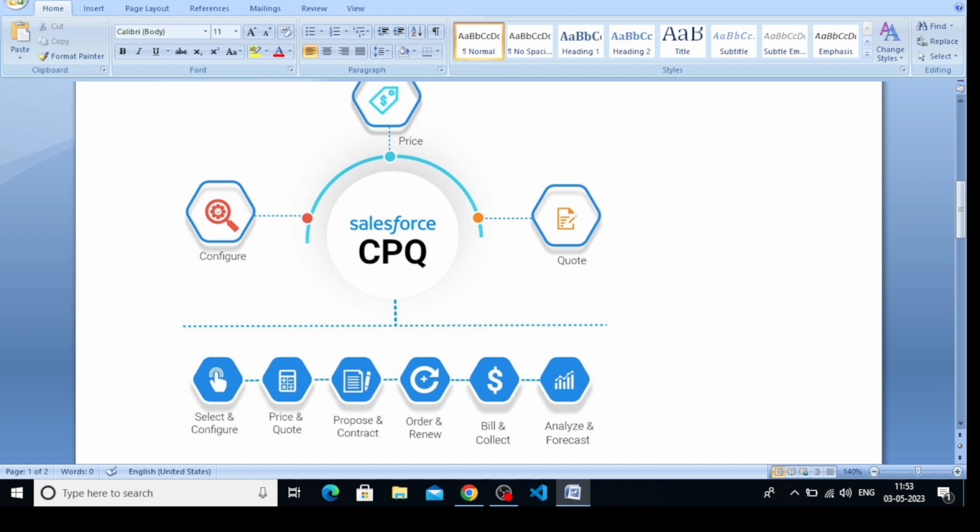In this way, CPQ supports multi currencies, price book entries, and price rules. As I said, price rules are dedicated to fetching one price for a particular product. In this way, pricing will work in the CPQ.